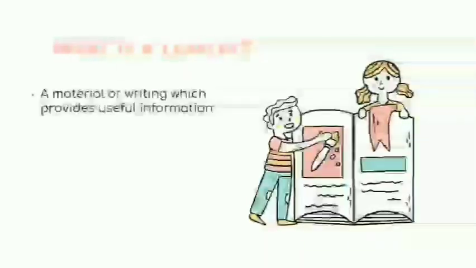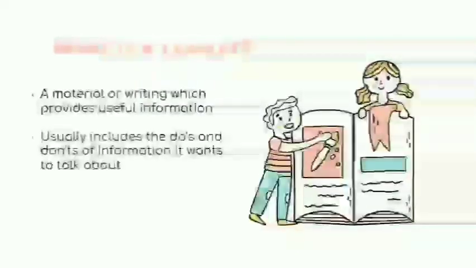So, what is a leaflet? As I mentioned before, a leaflet is a material or a piece of writing which provides useful information. So basically, it would provide something that is useful for the reader to read. Okay, your audience is your reader. It should be very beneficial and informative for them.